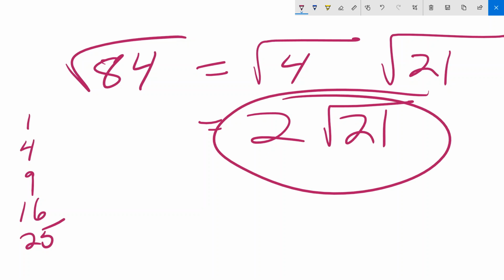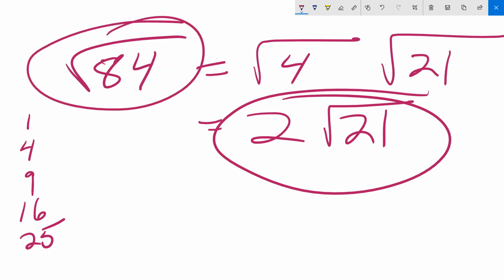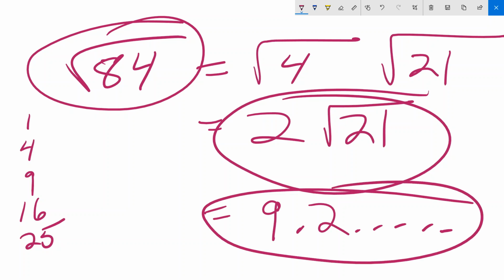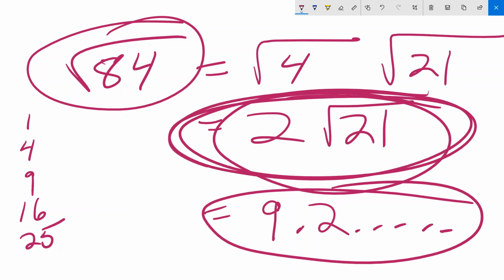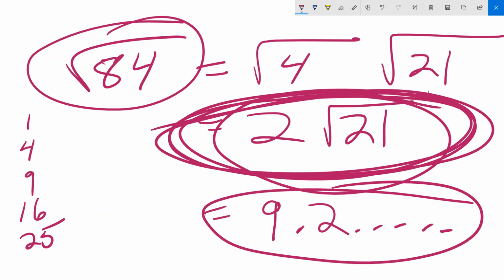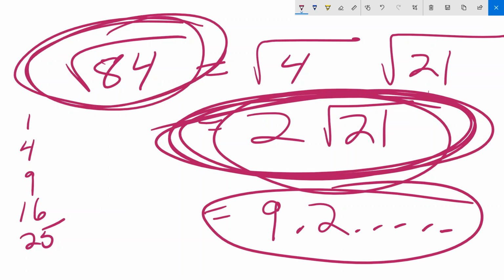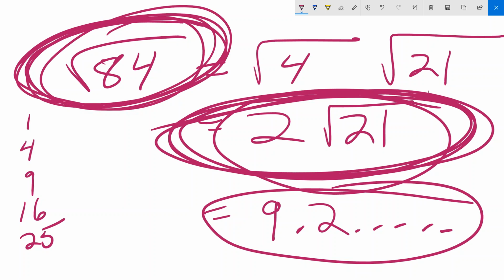That's what root 84 is equal to, 2 root 21. Now, if you put it into your calculator, you get 9.2 something. This is an approximation. This is exact. And this is exact, but it's not reduced. You have to pay attention to a number of things here.